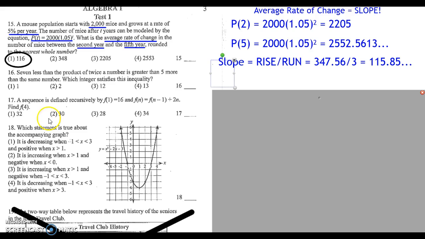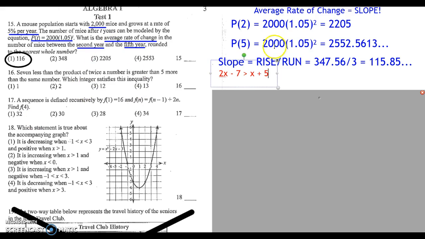Twice a number, so that product that they're talking about is 2 times x. 7 less than that is minus 7. Is greater than, so that's the greater than symbol, 5 more than the same number. Well, 5 more than means plus 5 at the end. The same number is x. So 5 more than, plus 5.